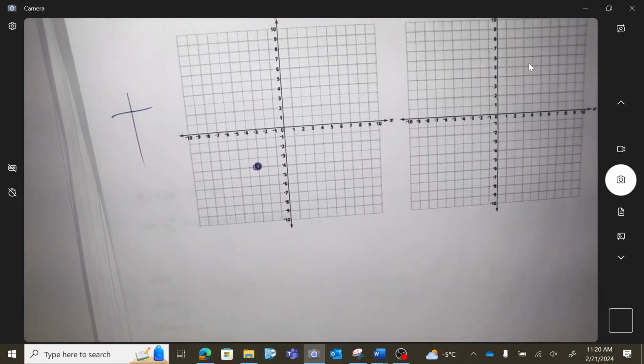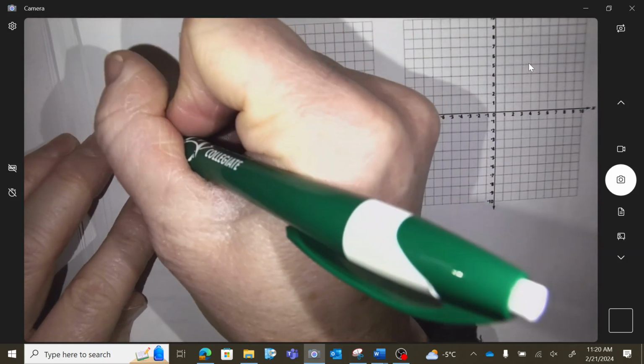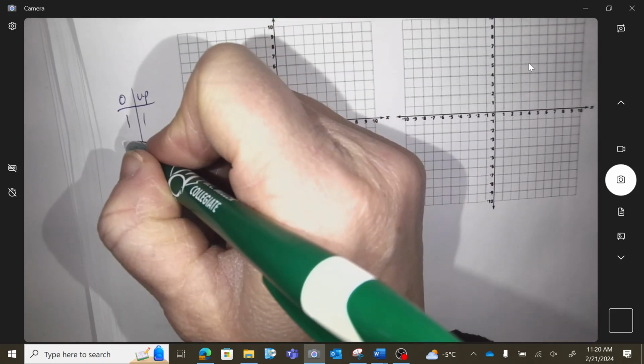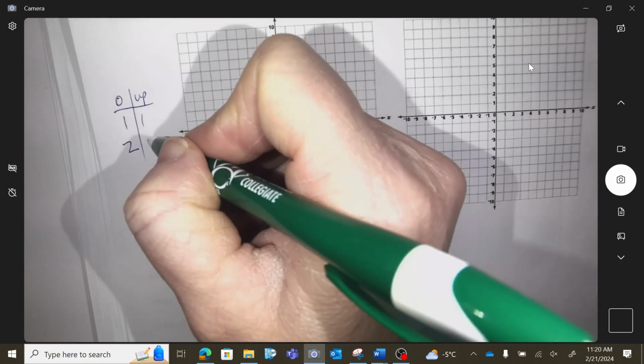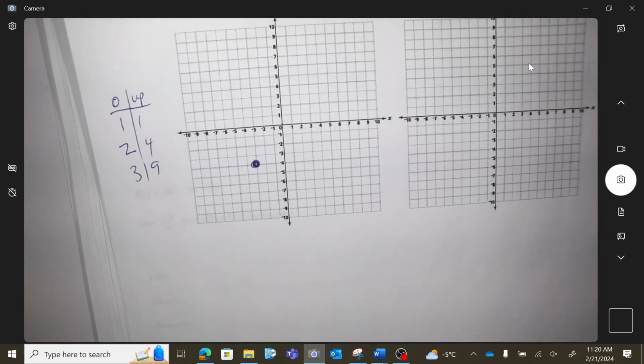Over on the side, I'm going to make a little chart for myself. It's called the over-up. And how do we always start it? 1, 1, 2, 4, 3, 9, right? Because we're squaring, that's the square pattern.